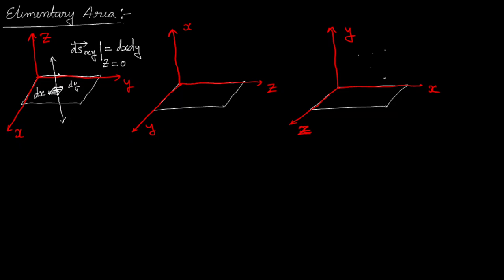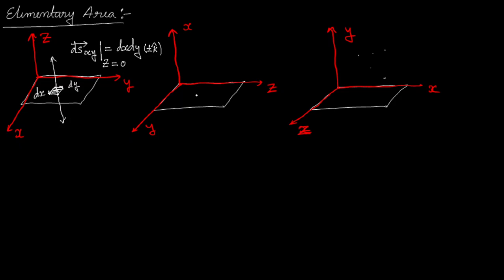If it is the xy plane, then upward will be plus k cap and downward will be minus k cap, so we can write plus minus k cap. So the elementary area vector in the xy plane, on the z equals 0 plane, is dS_xy at z equals 0 equals dx dy times plus minus k cap.